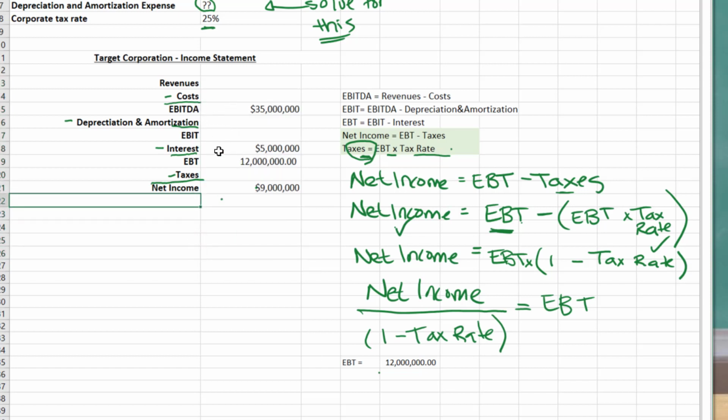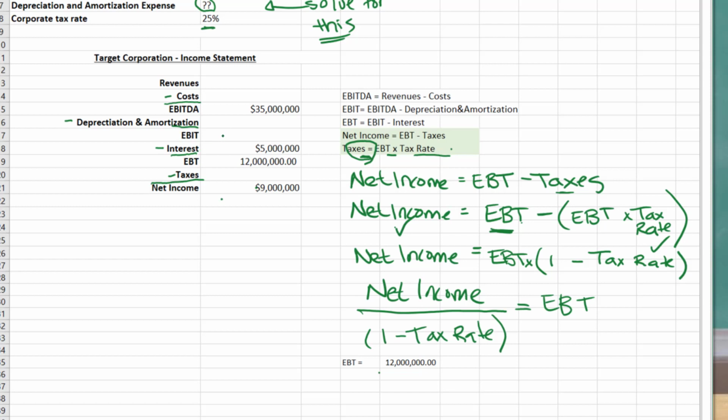Okay, so we still need to keep working back a bit, right? Because we've got one more number but we still have to keep working back. And our goal in this is to be able to get to this depreciation and amortization number. That's where we're trying to get. So I have now a few things. I have EBT, interest.